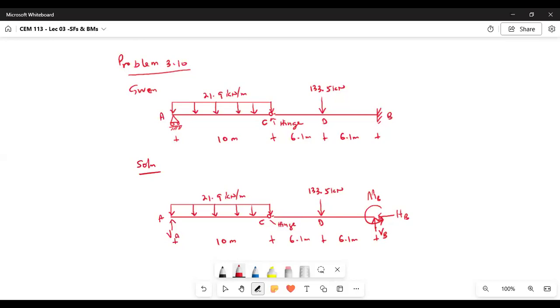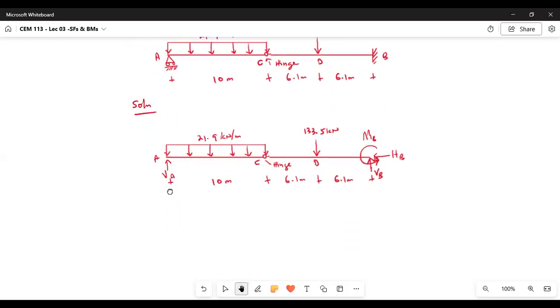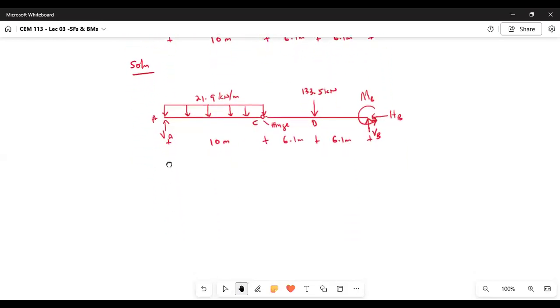Okay, so this is a free body diagram. So this being the free body diagram, as I said, now you draw the separate parts.